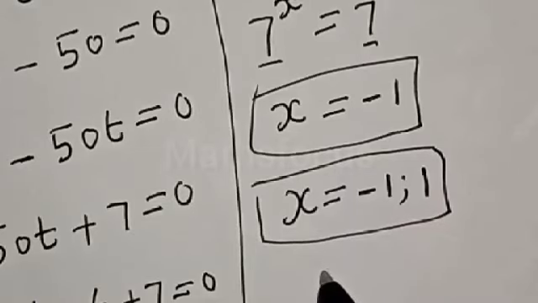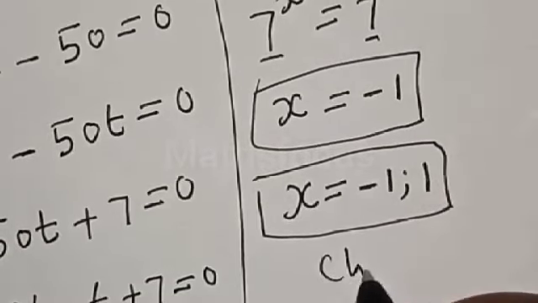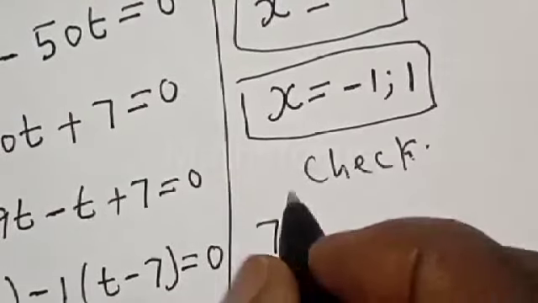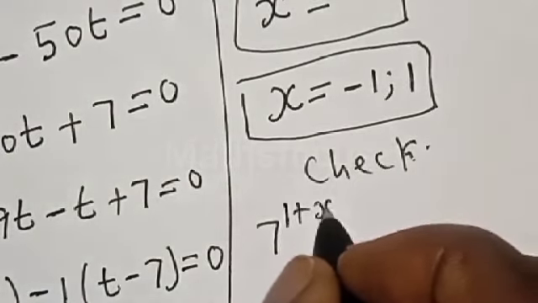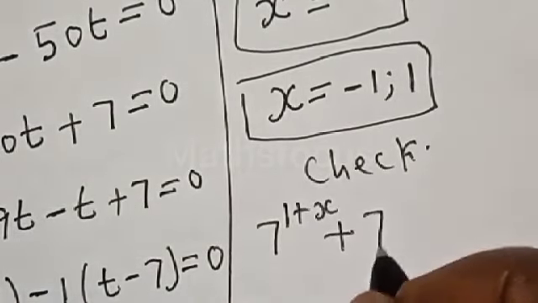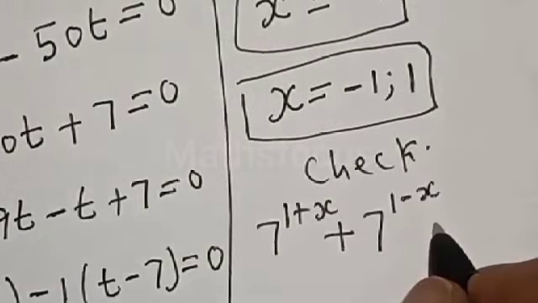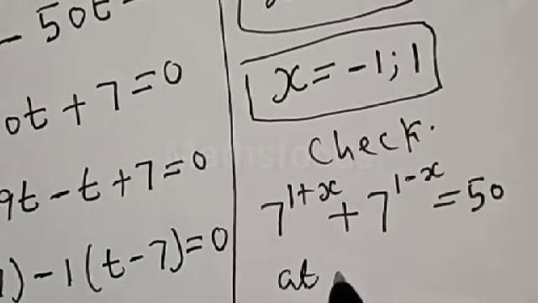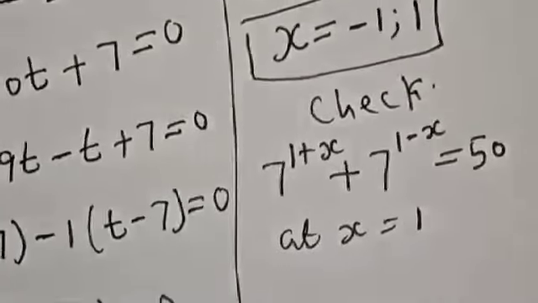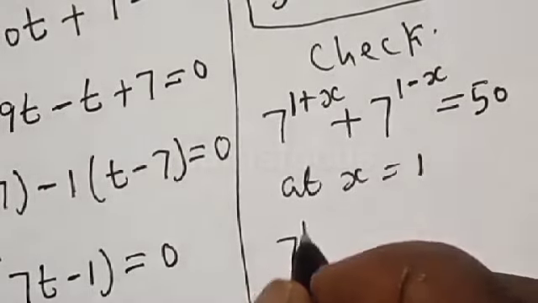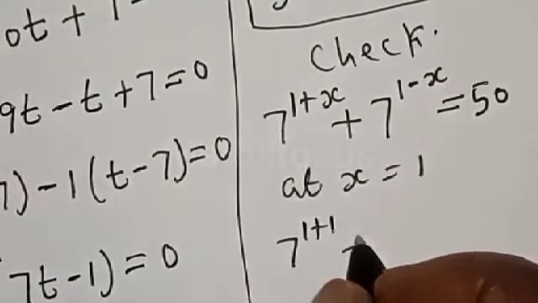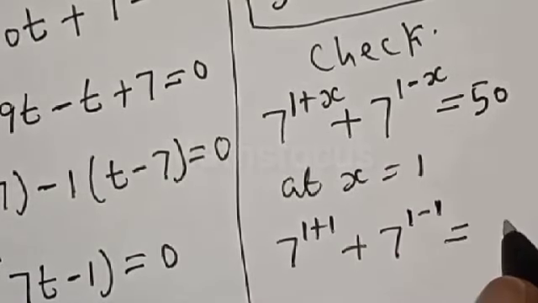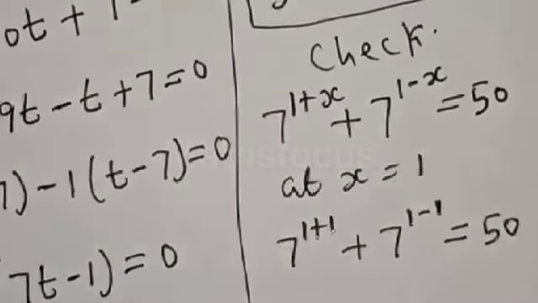We can check to confirm if our answer is right or wrong. Let's check. We have the given equation 7 raised to the power 1 plus s plus 7 raised to the power 1 minus s is equal to 50. At s is equal to 1, now we have 7 raised to the power 1 plus 1 plus 7 raised to the power 1 minus 1 must be equal to 50.